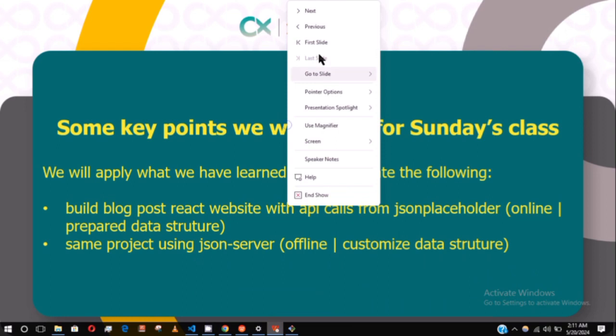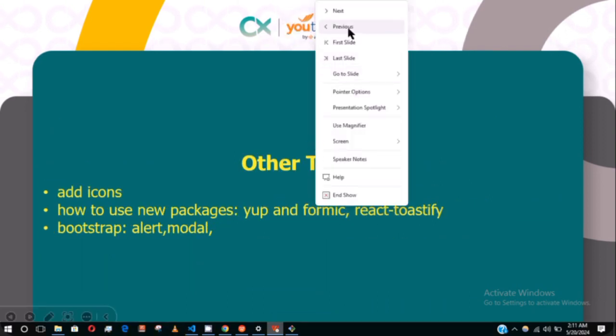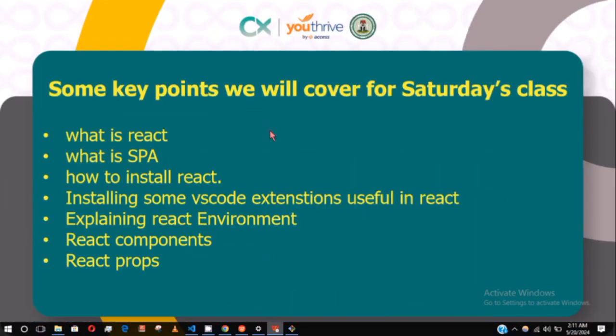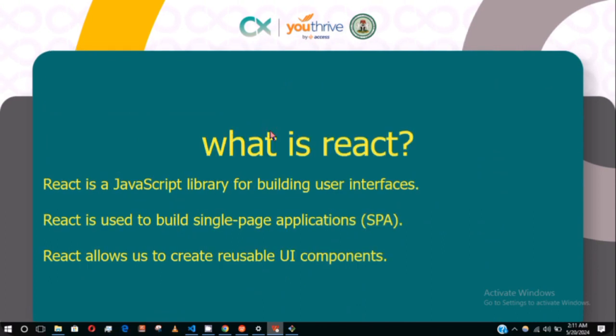So let's go back to our first slide, which is this. So we are going to learn what is React now. So what is React? React is a JavaScript library for building user interfaces.